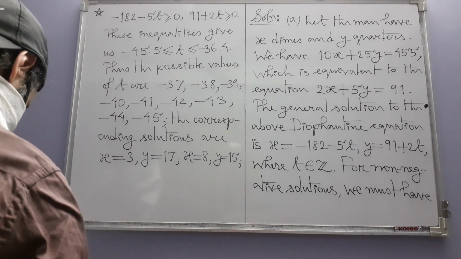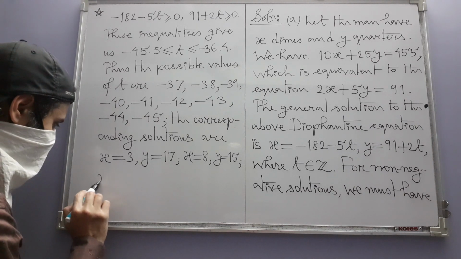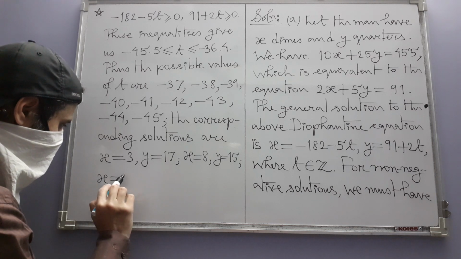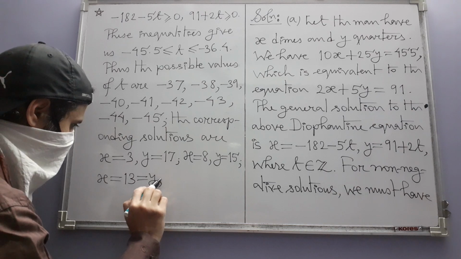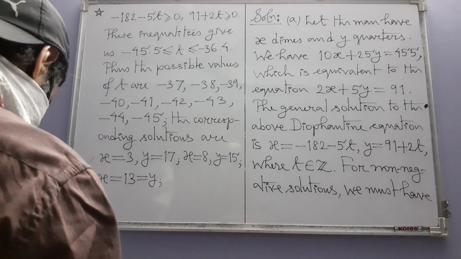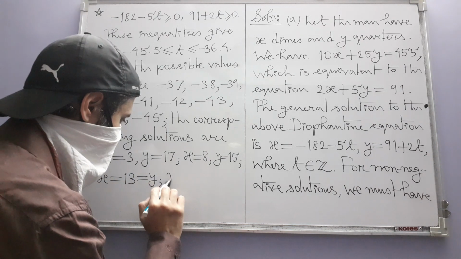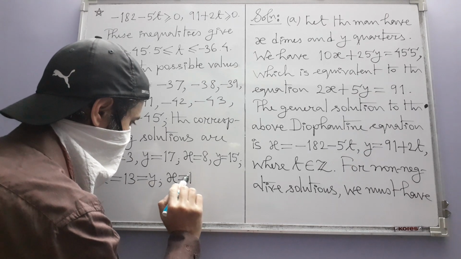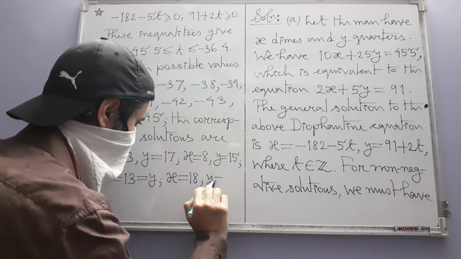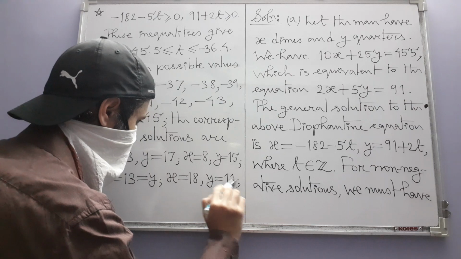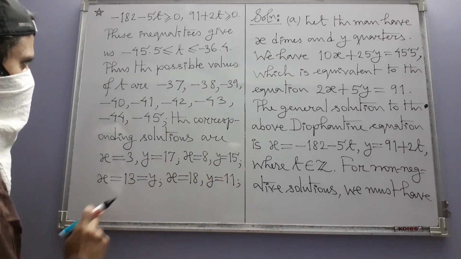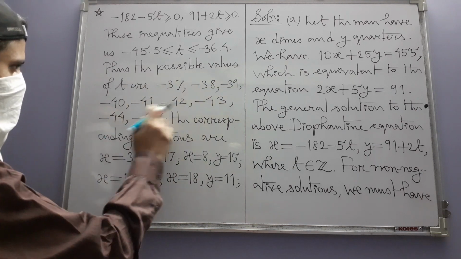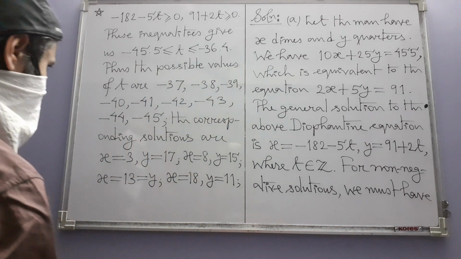Then in the next one, you have both x and y equal to 13. Then x is 18, y is 11. Then how many have we found? 1, 2, 3, 4. So we have some more.